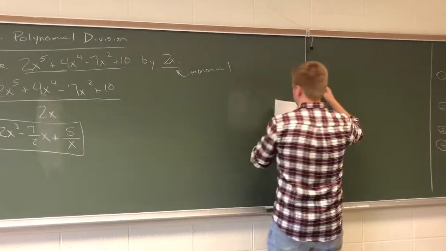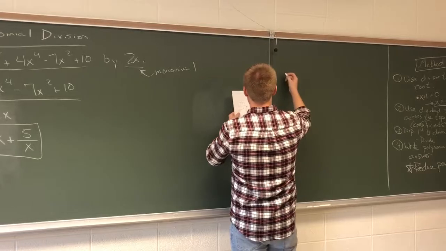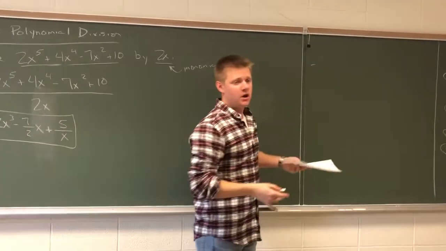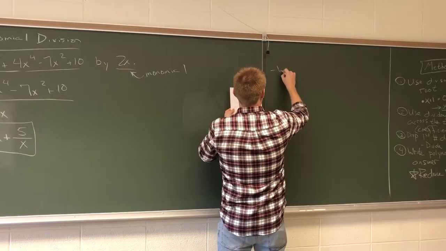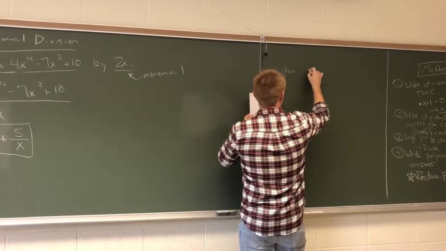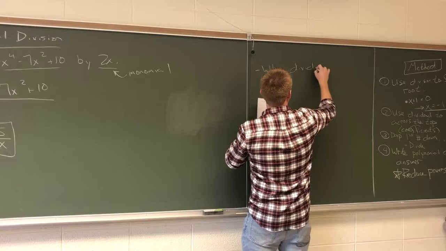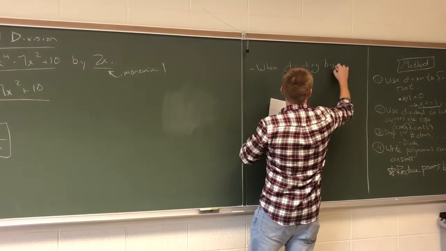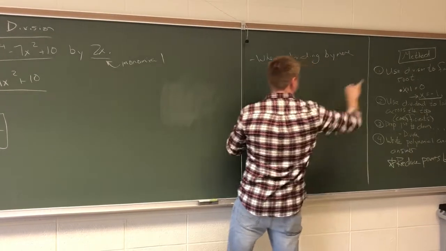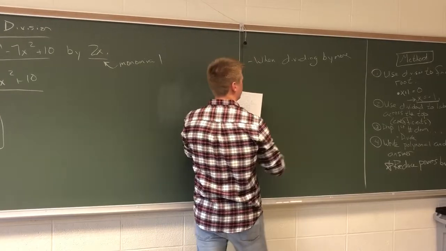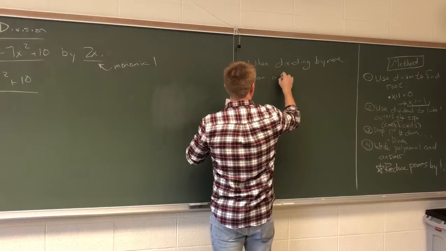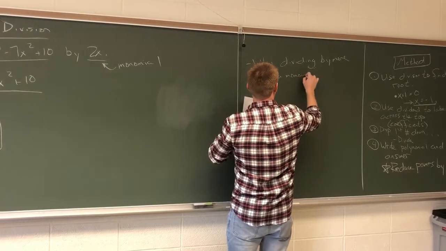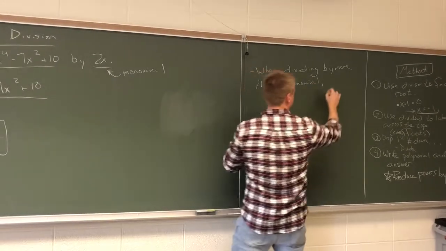What this stems from is simply long division that we've used all the way back to whenever you learned it, 4th grade, I'm not sure. When dividing by more than a monomial, we use long division.